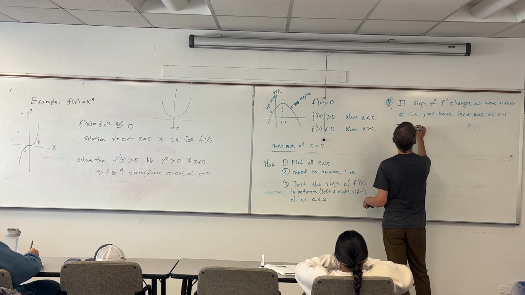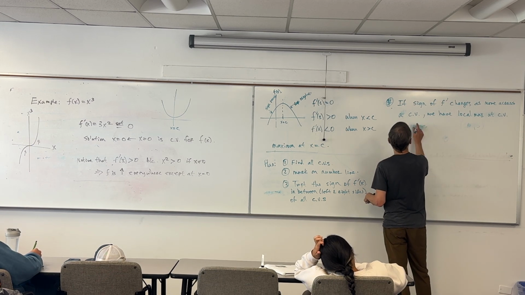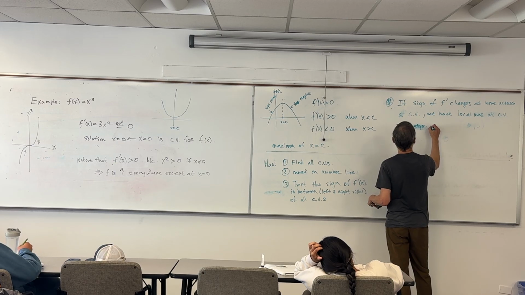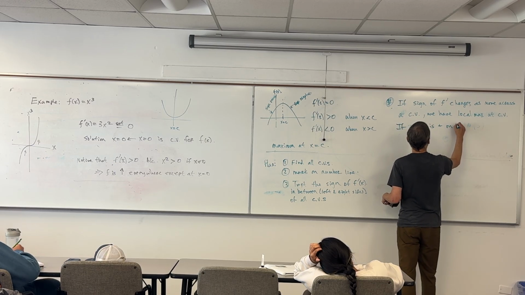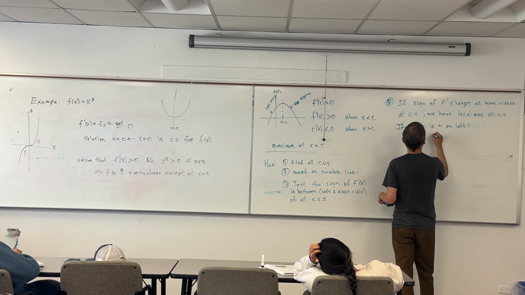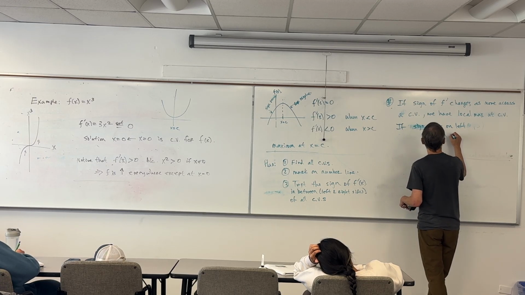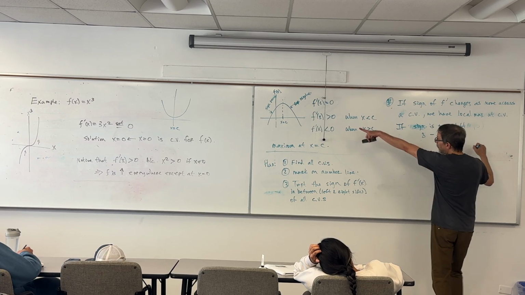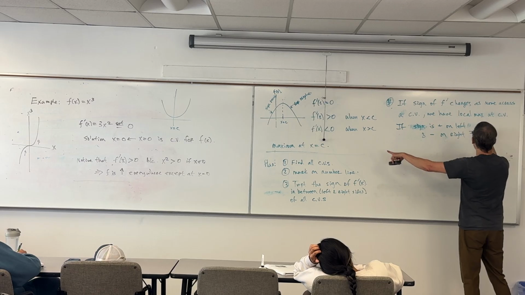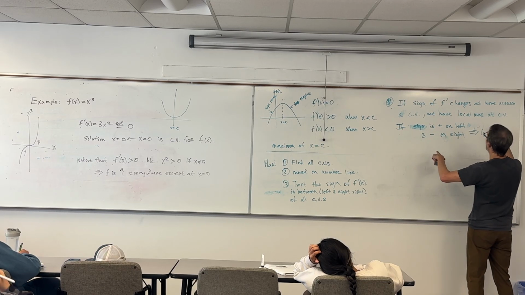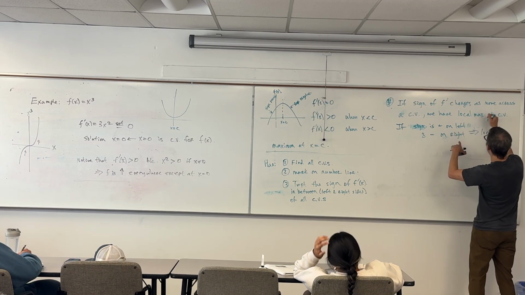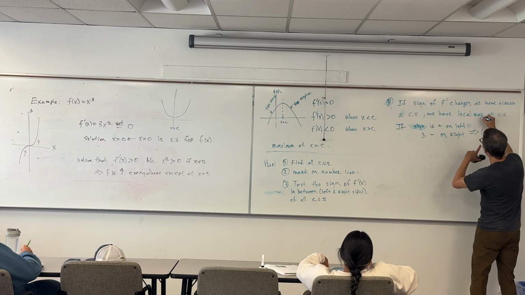If sign is plus on the left and negative on the right, just like that picture, we have a local max. Sorry, this shouldn't say local max, or it should say local max, but it should say or min. Just add that in there.